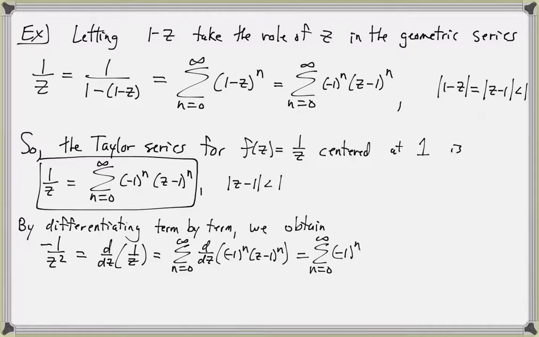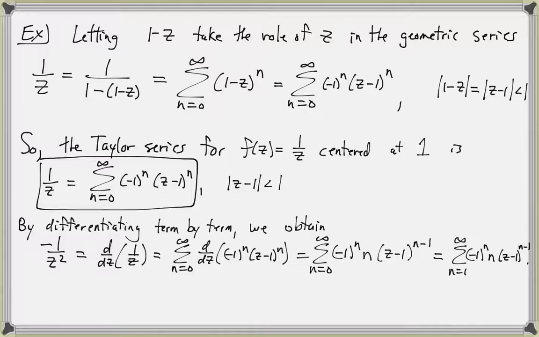Negative 1 to the n is a constant, and then the derivative of z minus 1 to the n will be n times z minus 1 to the n minus 1. And since the first term of this is 0, I can rewrite this as n equals 1 to infinity, negative 1 to the n times n, the z minus 1 to the n minus 1.